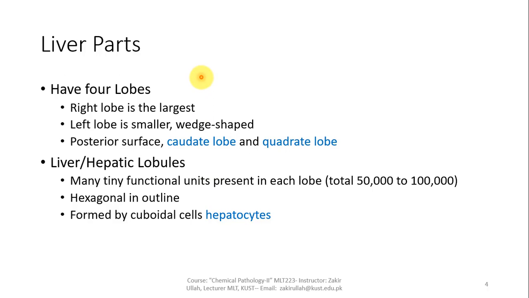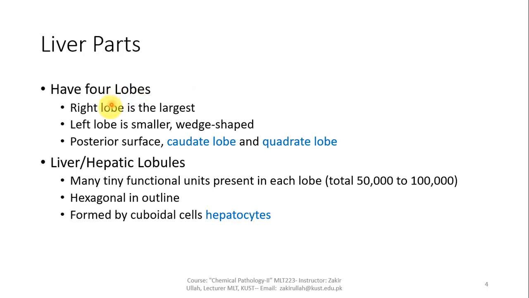The liver has different parts and it has 4 lobes. The liver is divided into 4 portions which are called lobes. Among these 4 lobes, the 2 major, large lobes can be seen from the anterior side.